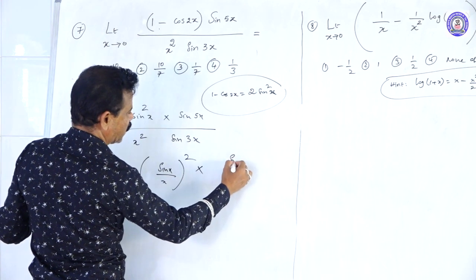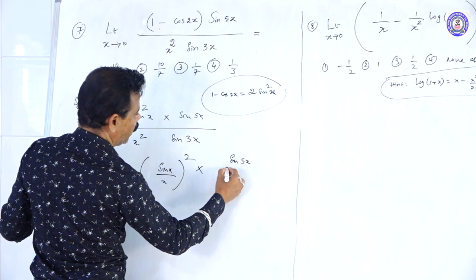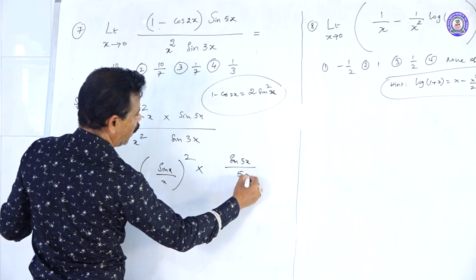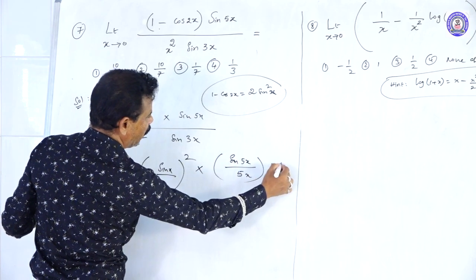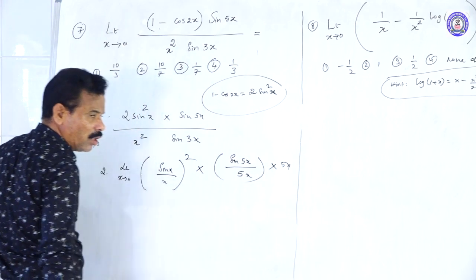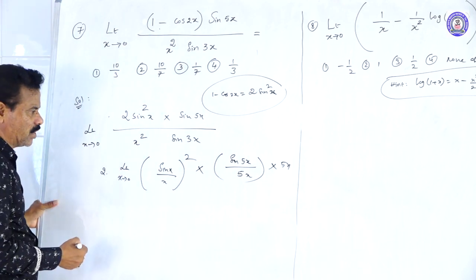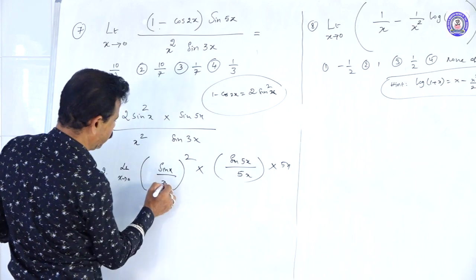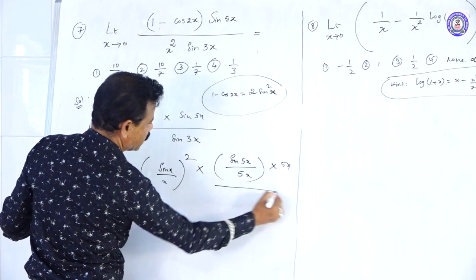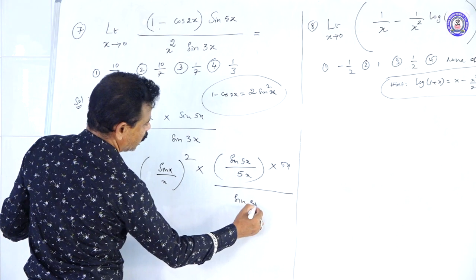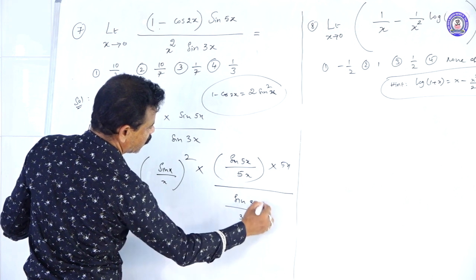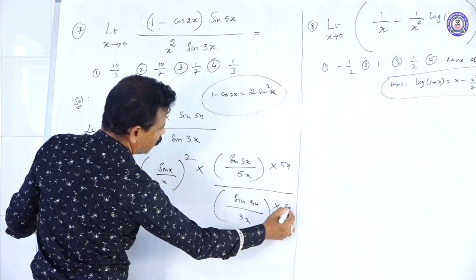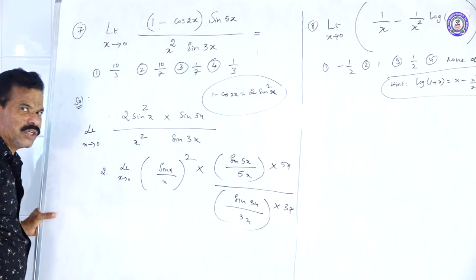Here sin 5x, divide by 5x and multiply by 5x. So it is also balanced. 5x gets cancelled. The denominator goes to this side. Only sin 3x is here. Sin 3x, here also divide by 3x and multiply by 3x. It is also balanced.